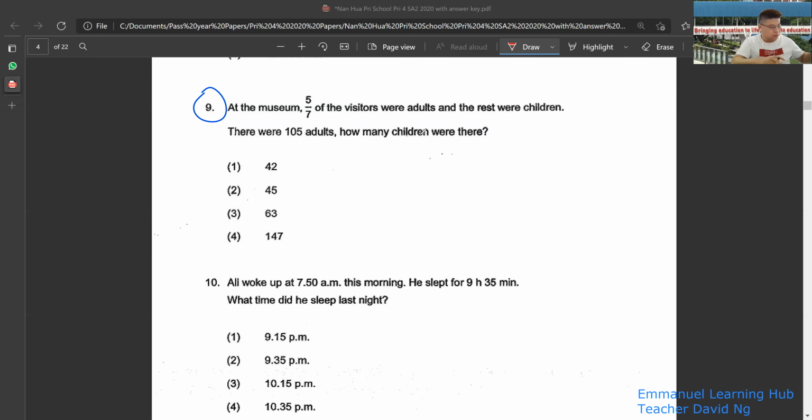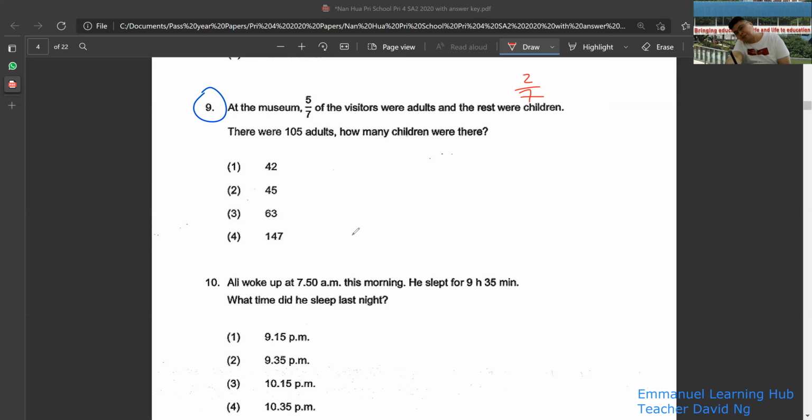Wrong. Your concept of fraction is terrible. After I teach you almost for 1 year, still don't get it. 5/7 are adults, so what fraction is the children? So the residual fraction is 2/7.